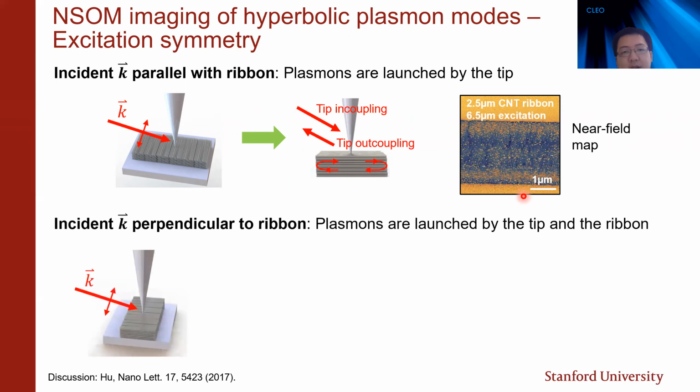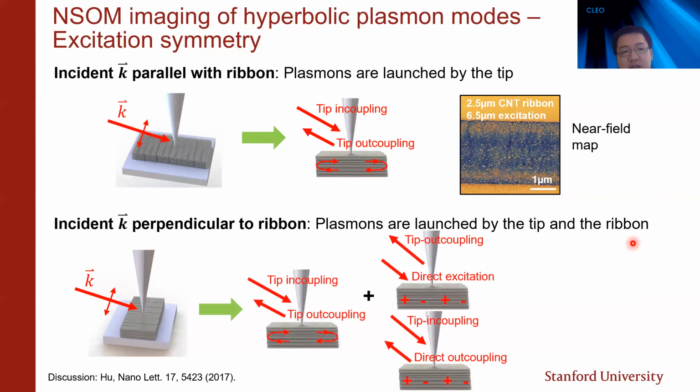There is also a perpendicular configuration. Basically, the incident k vector is perpendicular to the ribbon, so the plasmons will be launched by either the tip or the ribbons. So we still have tip in coupling and tip out coupling, like the tip launching mode, but we also have a directly coupled mode.